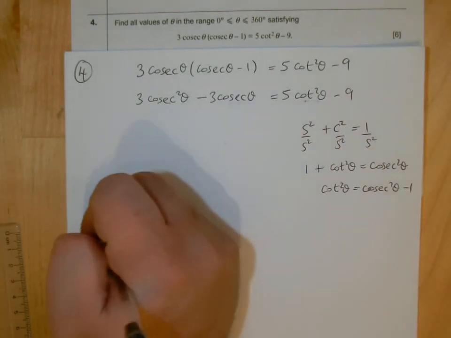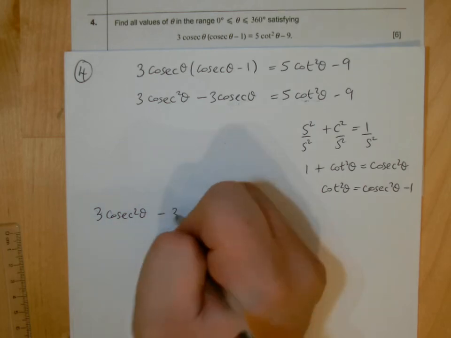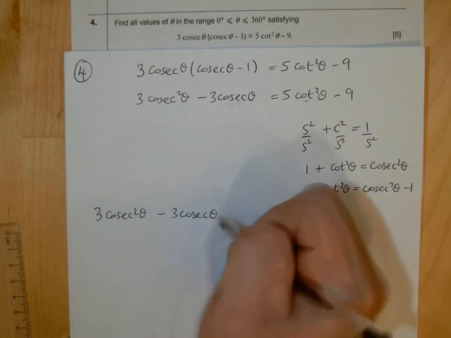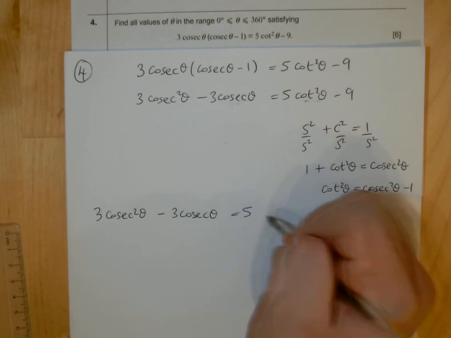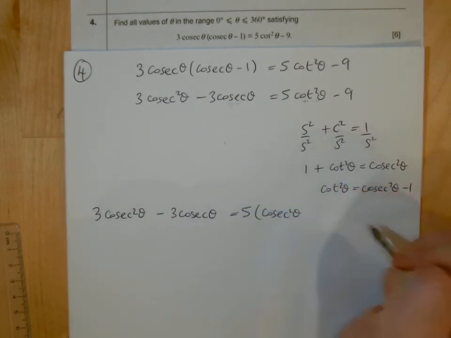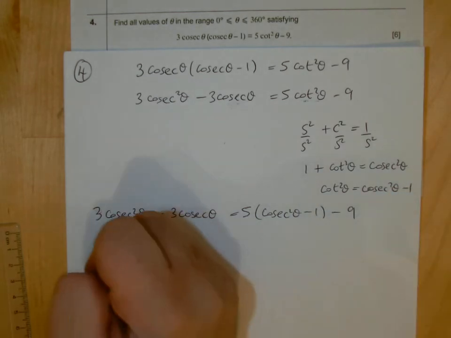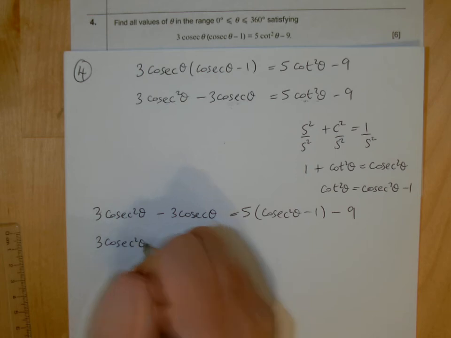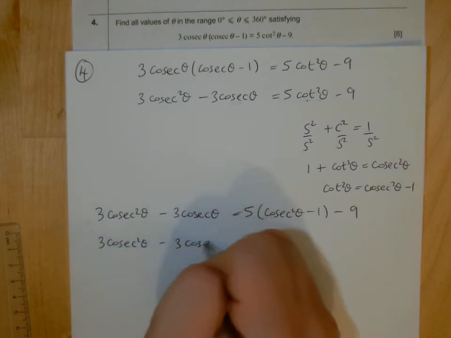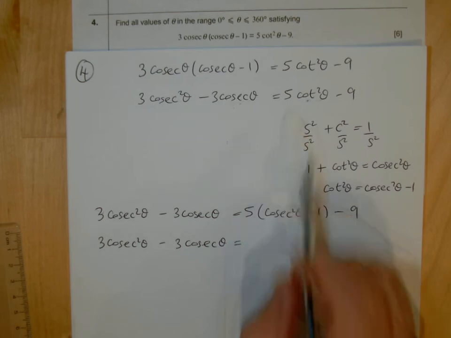So I'll have 3 cosec squared theta minus 3 cosec theta equals 5 bracket cosec squared theta minus 1, and then minus 9. Again, I've got a bracket here because I've got to times through by 5.